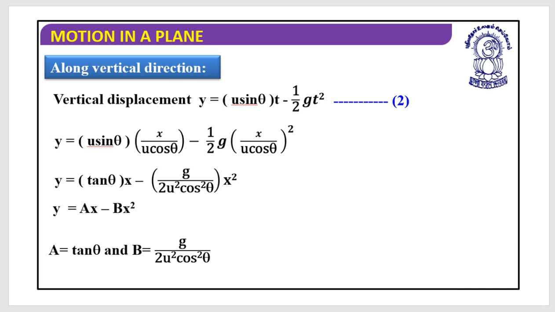What about the vertical direction? What would be the displacement along the vertical direction? You know this, that y is equal to u_y t minus half into g into t square. Do you remember this? Where did you use this? Yes, it's a motion in a straight line relation.